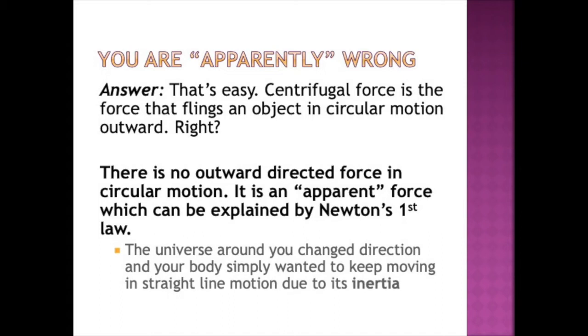So if the universe, which is the car, changes around you, the resulting motion of your body is not going to change instantaneously, so you're going to continue to travel straight while the car travels away from you. The result is this apparent flinging into the door. So the reason why we feel this quote-unquote apparent force is actually due to the inertia of your body itself.